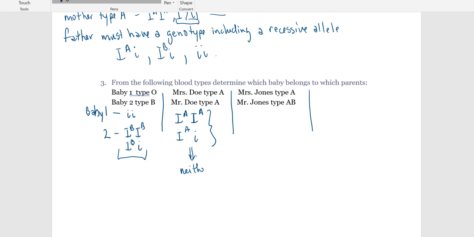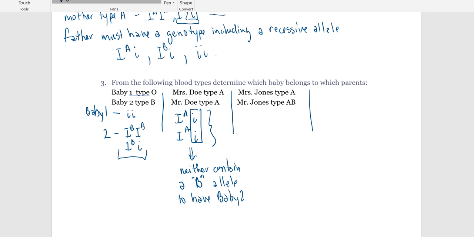Neither contain a B allele to have baby number two, and you're done. All right. Now, if you would have tackled it from the other side, they could very easily produce baby number one if both parents are heterozygous for type A, because each parent could contribute the recessive allele for baby one, type O.